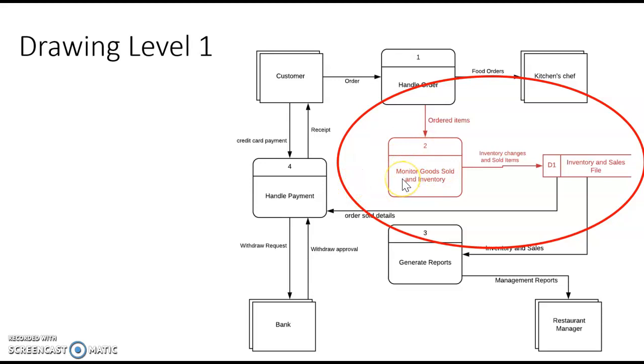So what do I need to know? I need to know every order. Just like I said right now, if you selected as a customer from the menu a fish burger, then this process needs to know what kind of ingredients are there, to know what items from the inventory I will use, and I also will store everything in this database.